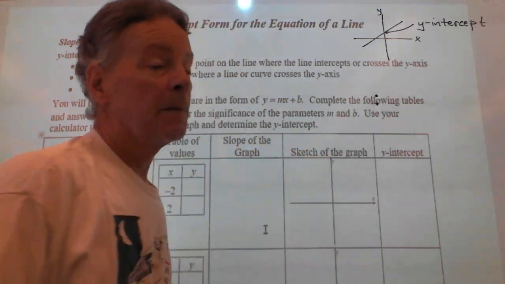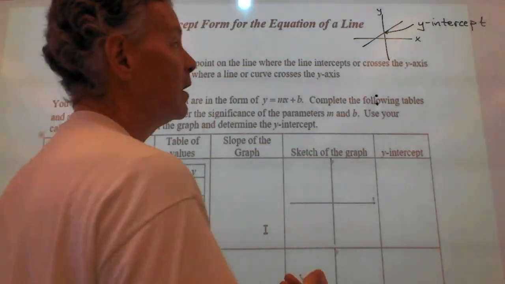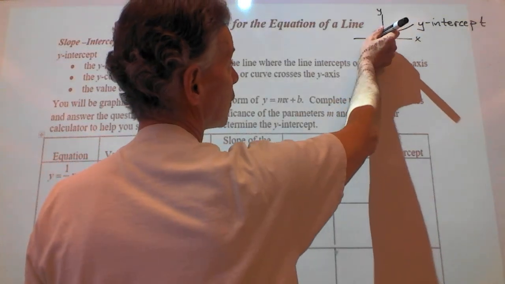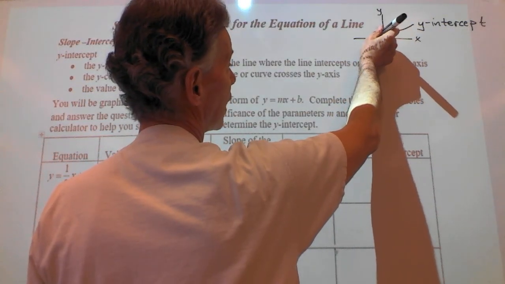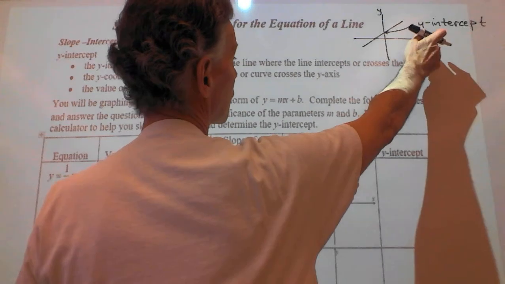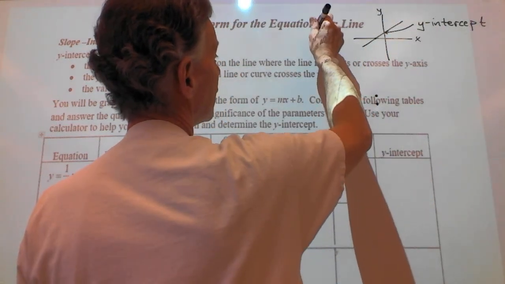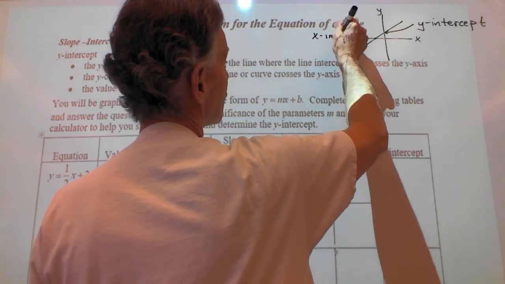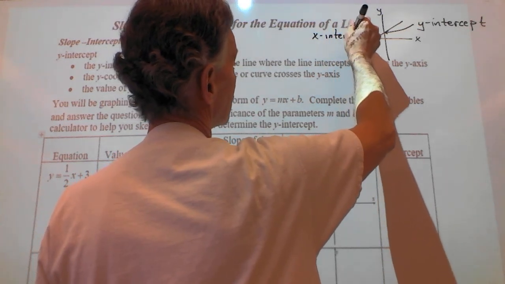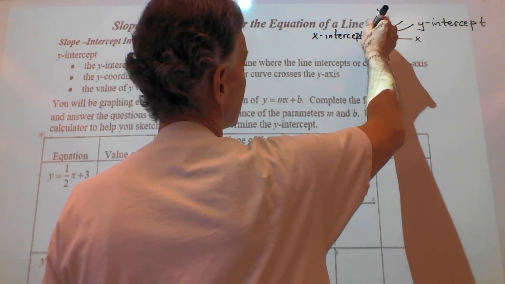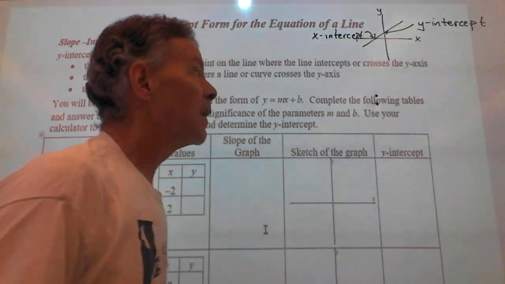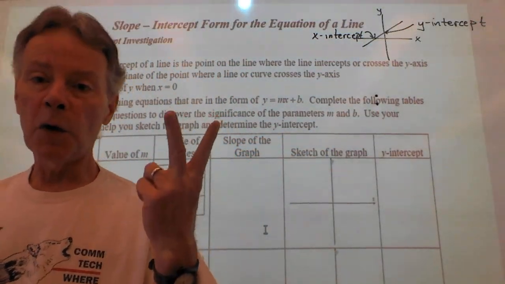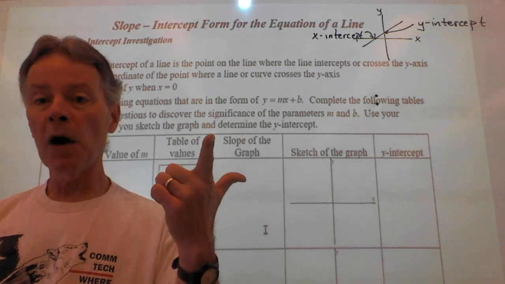at that point. Okay? Similarly, that line will also intersect with the x-axis at some point, the horizontal axis, and oddly enough, that is called the x-intercept. And that's right there. Okay? So you have these 2 points, the x-intercept and the y-intercept.